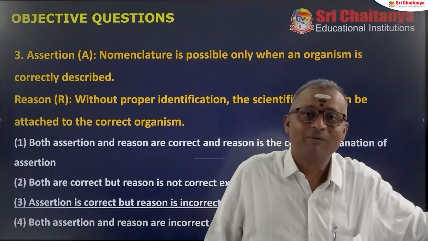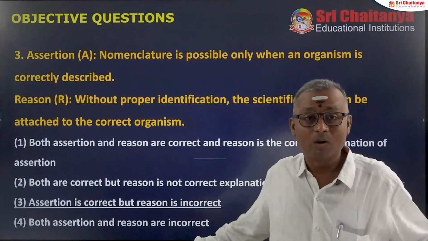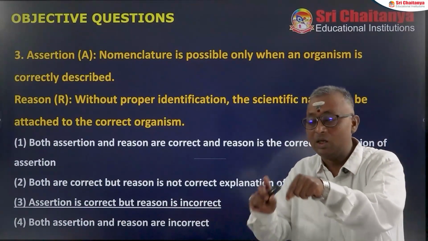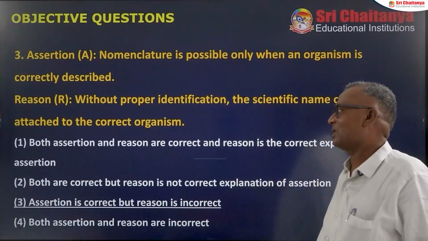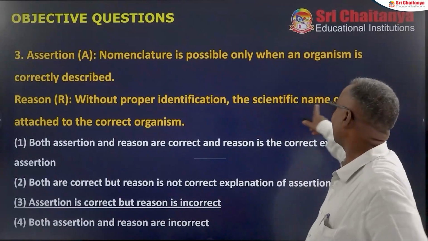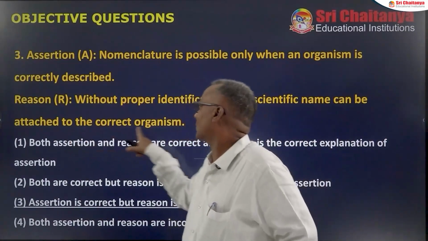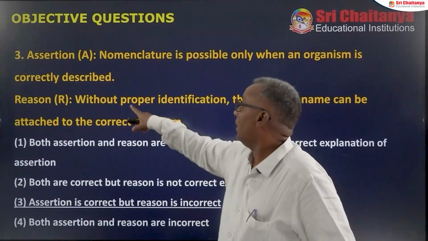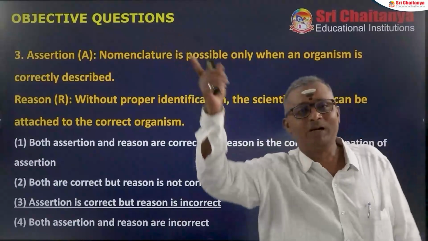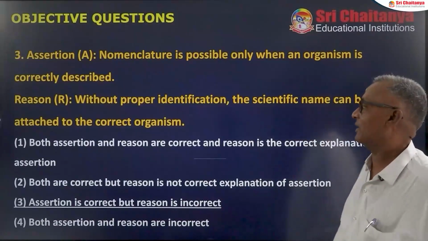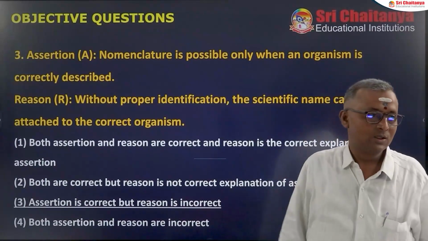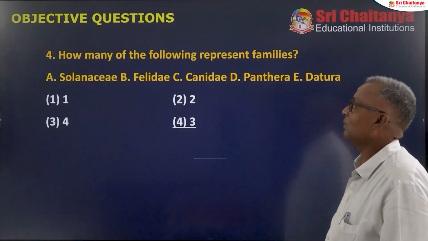Once the identification process is completed, then you go with nomenclature. So the reason becomes wrong, because scientific names can be attached to the correct organism only with proper identification, not without it. So your assertion is true and reason is wrong. This is another important thing we have to know.